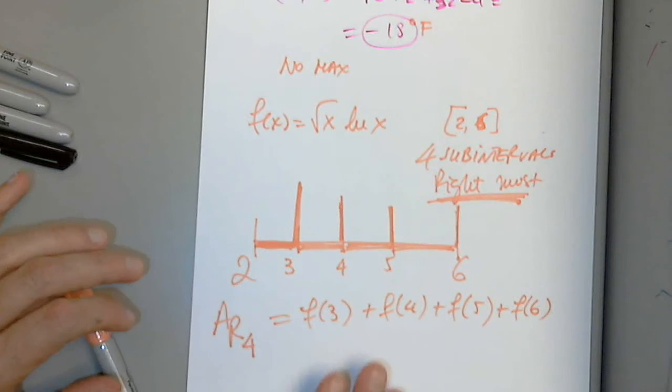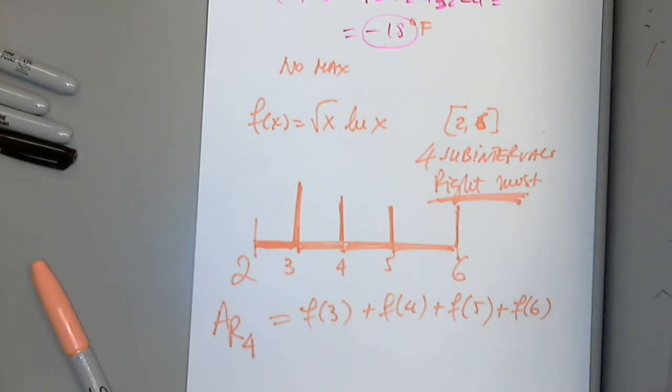I will put this in the calculator. Go to stat and go to edit. Go up to list L1 and clear and enter. I have to go up to L2 and clear and enter.